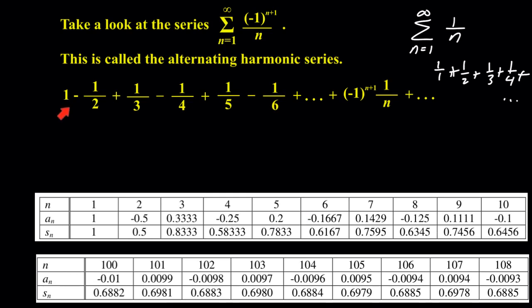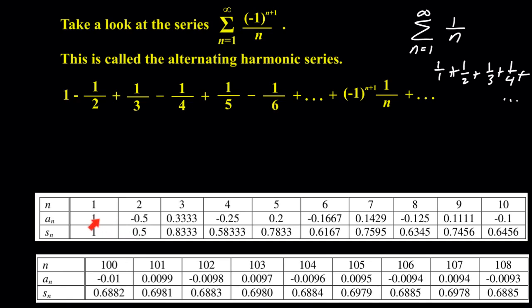So these are just the values that we have right here. And then S sub n, this is the sum of those terms. So for example, S sub 2 would be the sum of the first two terms.